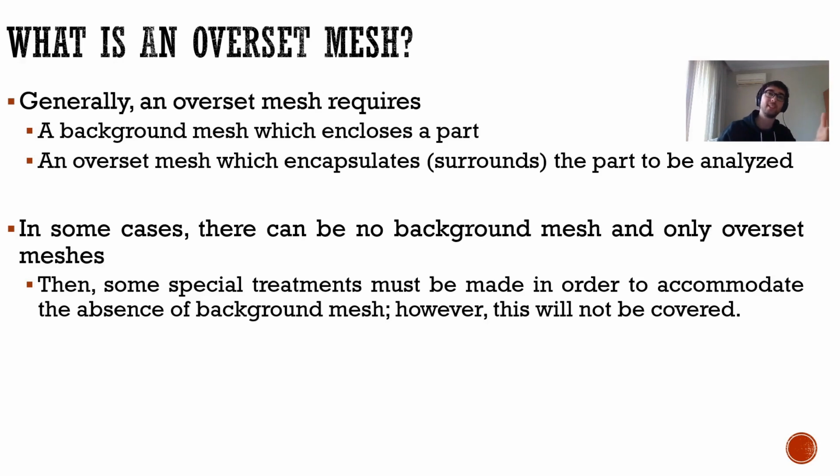And in some special cases, there might be no background mesh to work with, such as for gear pumps. There will be two gears turning, and they may not require a background mesh, only each other. So that's a special case, which will not be covered in this tutorial, but it's good to know.